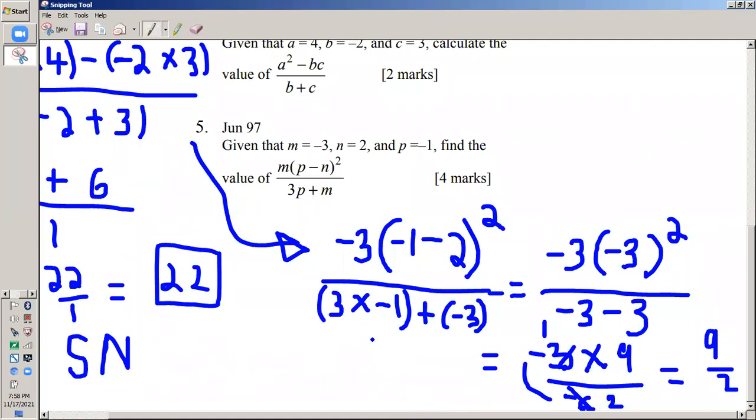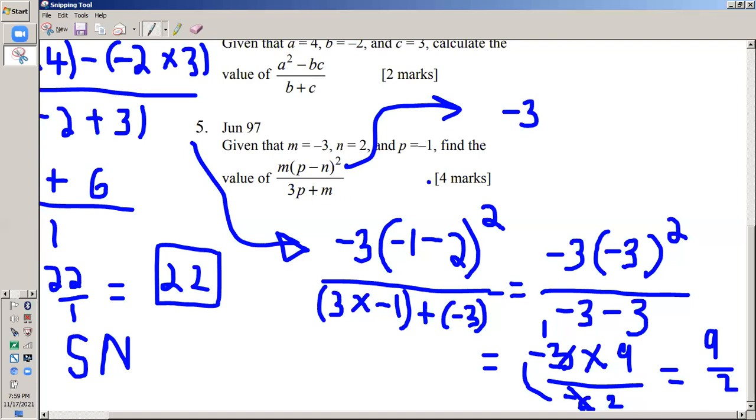The question is m multiplied by p minus n squared, and n is equal to 2. So how I write it out is m, which is -3, multiplied by p, which is -1. Hold on. So you're talking about the top piece, right? Yes, sir. All right.